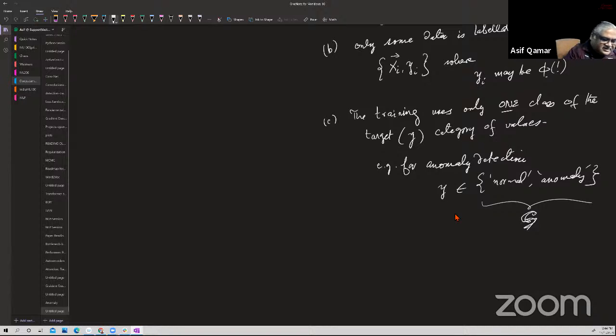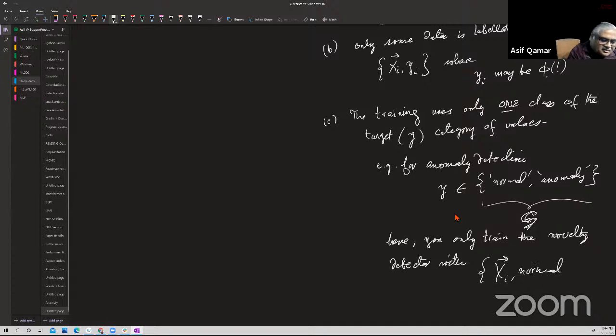But what you do is, in here, you only train the novelty detector with normal, the set of such data where this condition is fulfilled, right? i.e., which is equivalent to saying that xi, yi, set of all training data where yi is equal to normal.